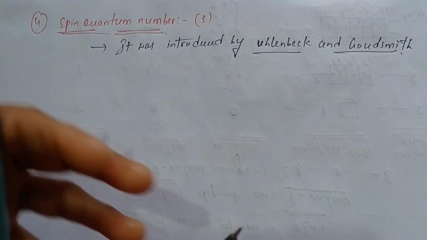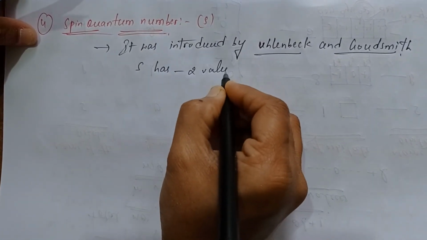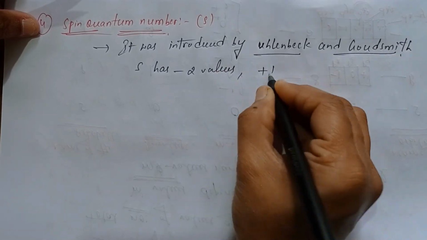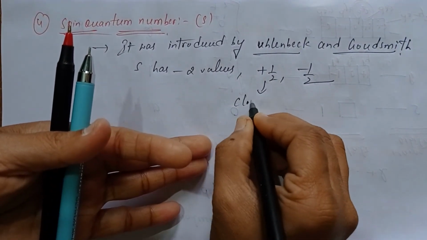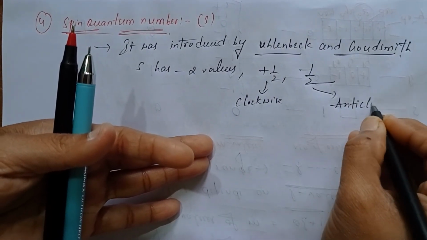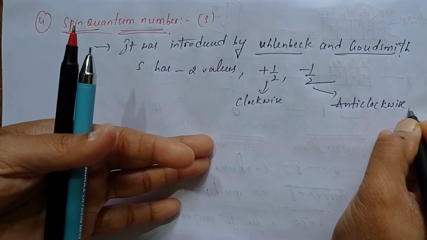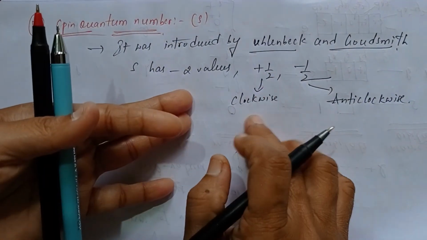And after that it has 2 values. S has 2 values: one is plus half, another one is minus half. Plus half is nothing but clockwise direction, and minus half is anti-clockwise direction.